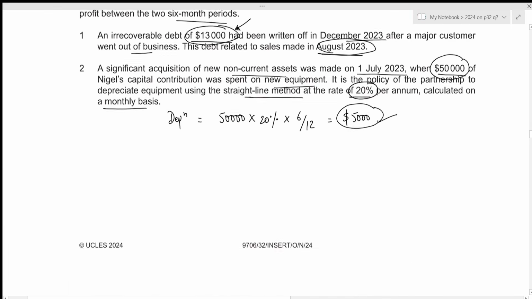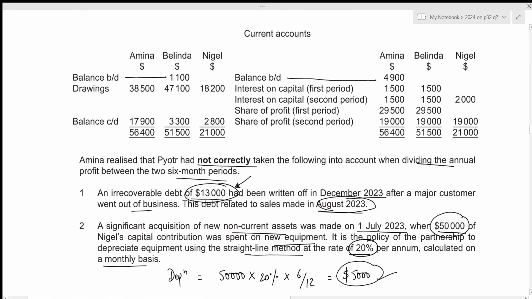Now, the first thing we need to include will be the interest on capital. Interest on capital does not depend on the profit, and we have changed the profit, but the capital will still remain the same for the first half, because for the first half there was no inclusion of Nigel. It means that both Amina and Belinda will still have the capital balance of 60,000 each. So the rate of interest on capital will be 1500 out of 60,000 times 100, which is 2.5%.